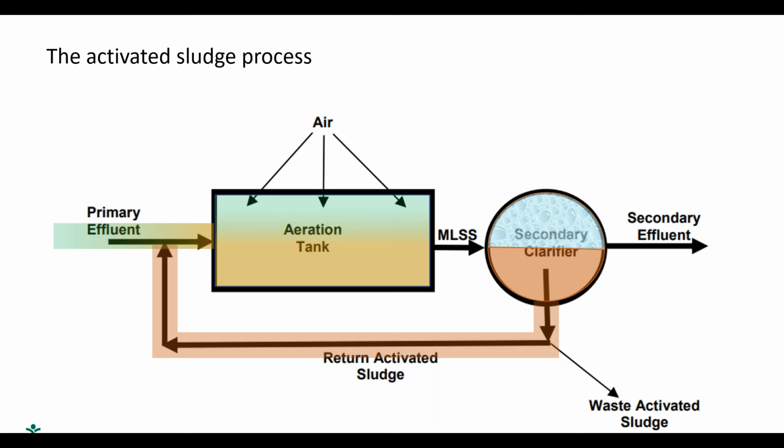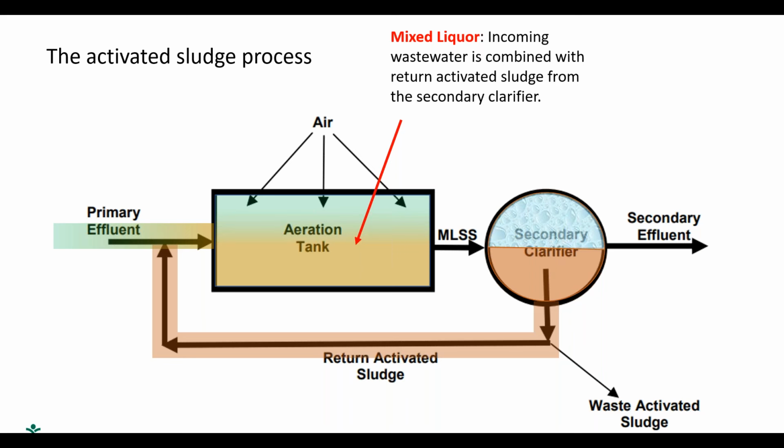And so what you're doing here is combining the eaters and the food together in the aeration tank. When you combine the return activated sludge flow and the primary effluent, you get what you call a mixed liquor. Mixed liquor consists of BOD, inorganic particles, and organic particles, which mainly consist of microorganisms.